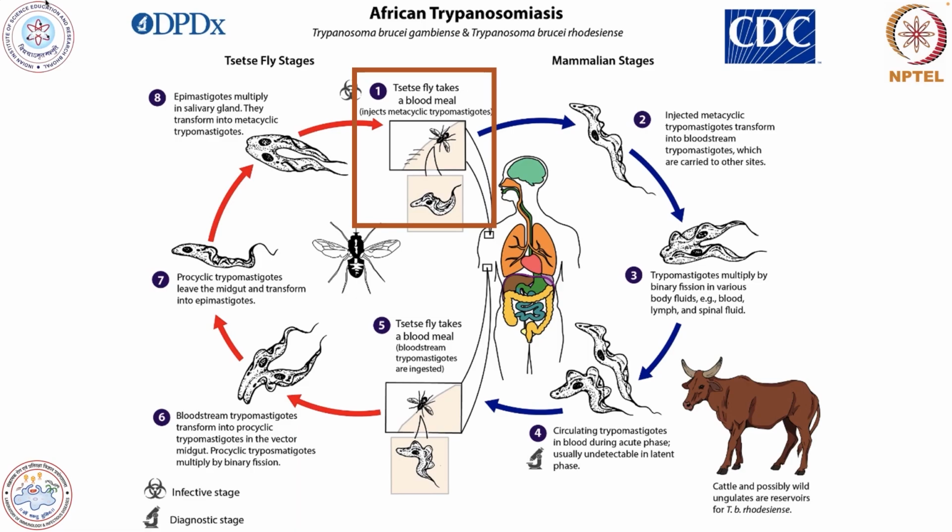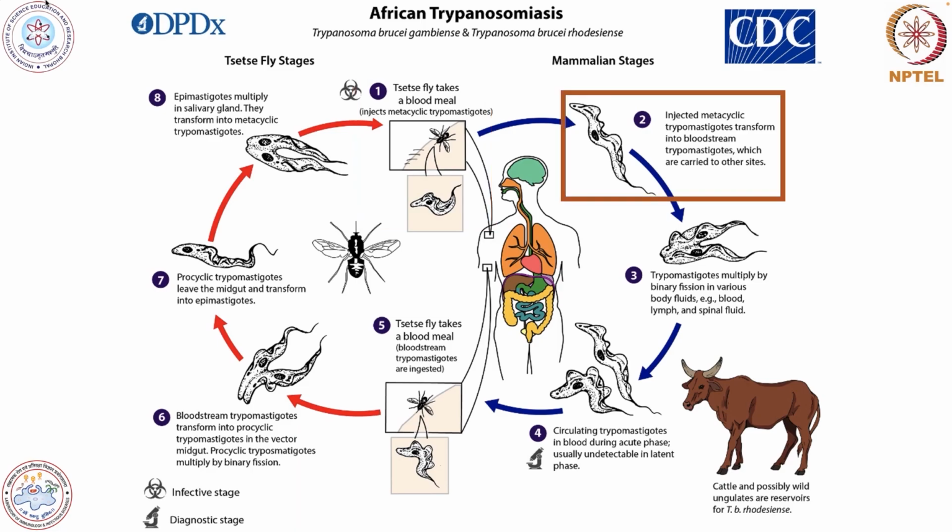Inside the host, they transform into bloodstream trypomastigotes. They are carried to other sites throughout the body and reach other body fluids like lymph and spinal fluid, the cerebrospinal fluid, and continue replication by binary fission.